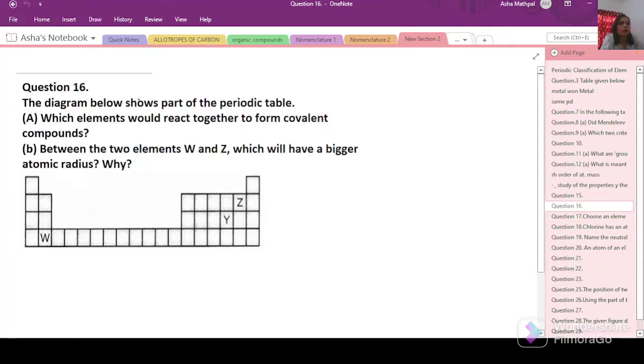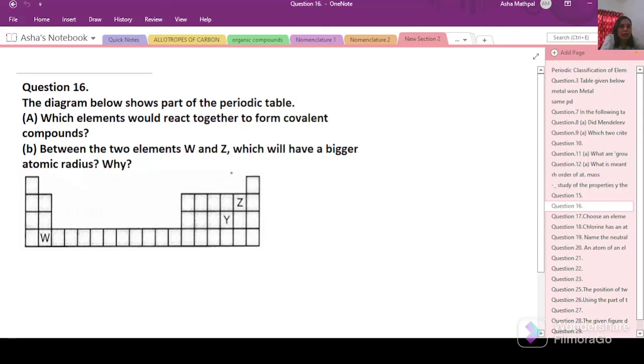The diagram below shows part of the periodic table. Which elements would react together to form covalent compounds? Between two elements W and Z, which will have a higher atomic radius, and why?